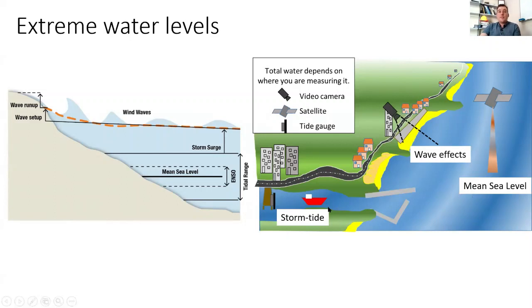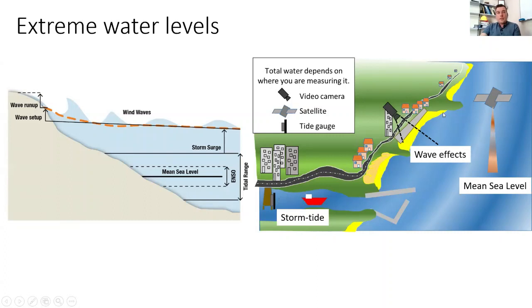If you're inside a protected harbour, so here we have a boat and a wharf and a tide gauge, we're measuring both mean sea level and including storm tide. So we're including storm surge, but we have breakwaters that protect the infrastructure within a harbour, which means that waves won't influence the water levels.